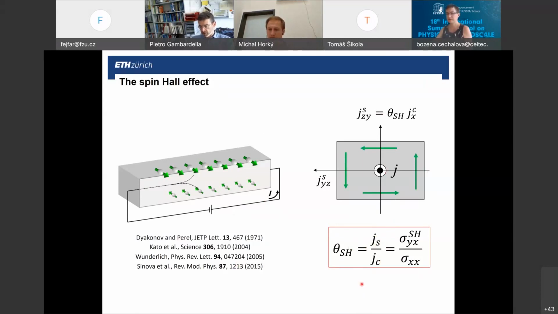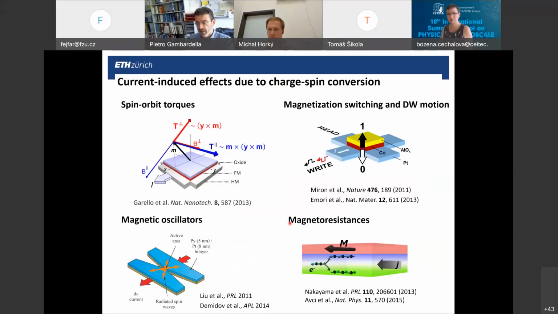And in a typical system like platinum, it is of the order of 10%. Okay, and we have the accumulation of spins at the edges over a distance that is called the spin diffusion length, that is about a few nanometers. Okay, there's some discrepancy on how large this is in different systems, but the order of a few nanometers in metals. Okay. And then this current-induced spin accumulation can be used to generate spin torques.